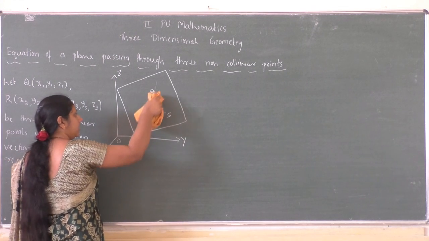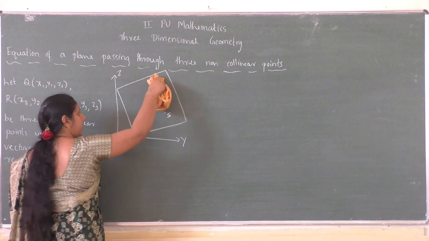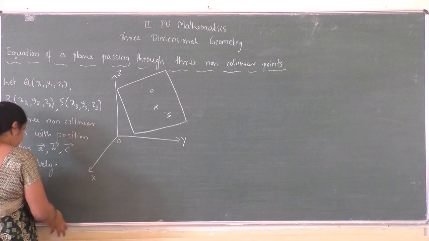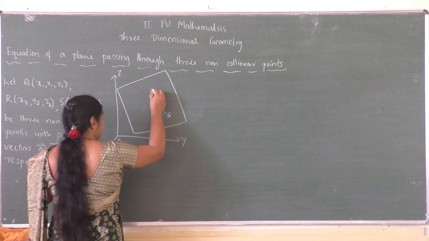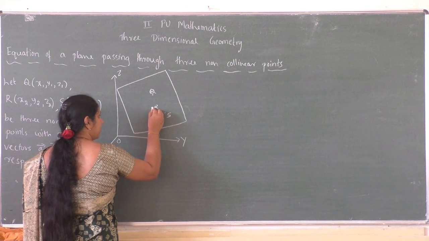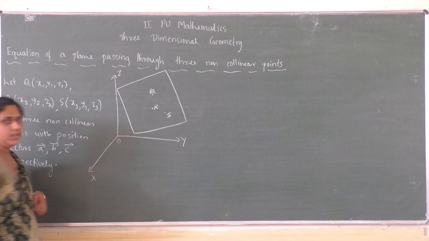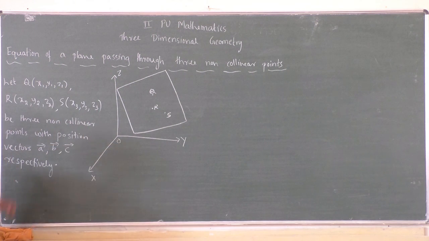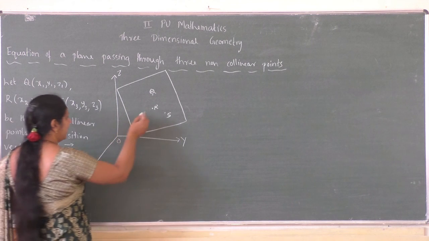So here the points Q, R and S are non-collinear, with the position vectors A vector, B vector and C vector.